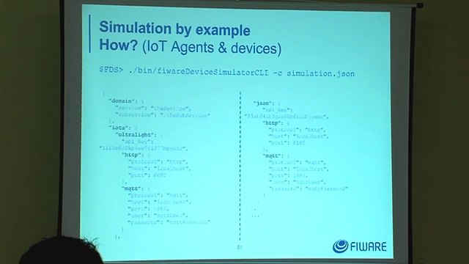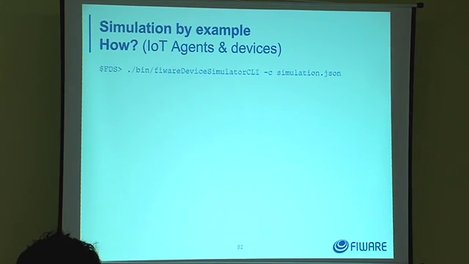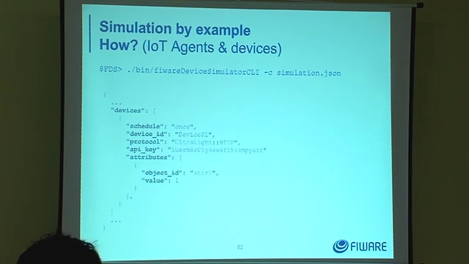In the case of the IoT agents, you have to model devices, not directly entities, and for that you can use the devices property. It's pretty similar to the entities one, but it uses some properties needed by the IoT agents, such as this object ID, the protocol, and so on.